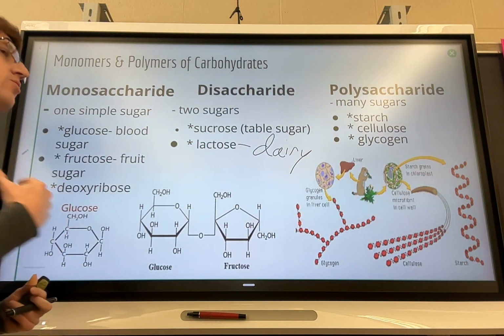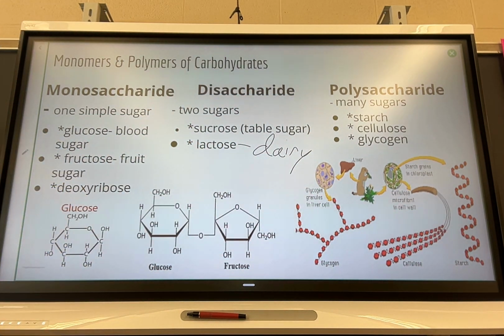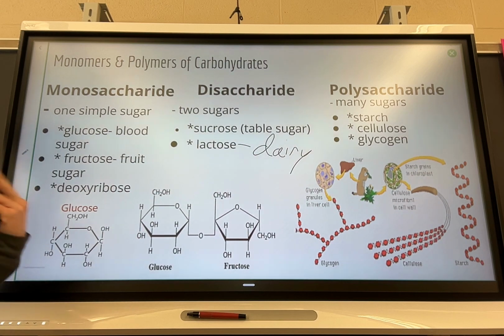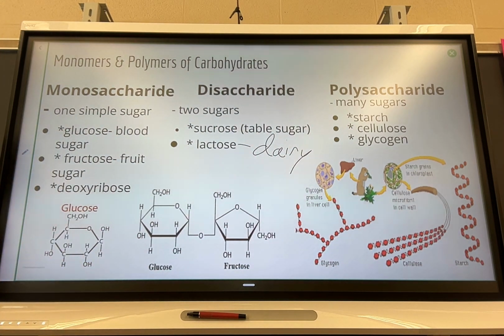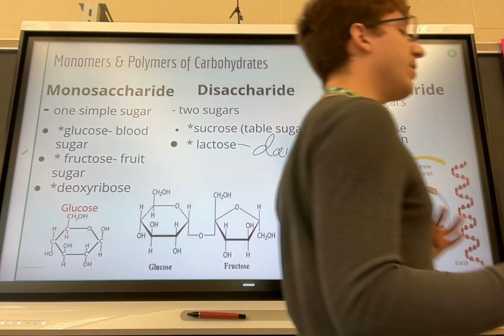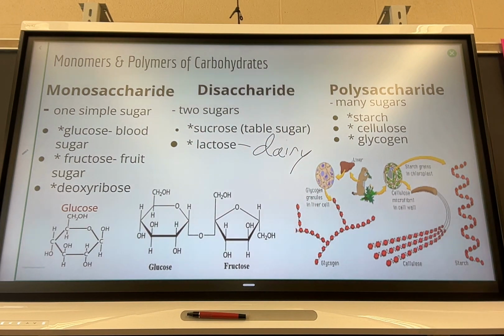So what happens is rather than the enzymes in your body, the chemicals in your body, breaking that down into its monomers, the bacteria gets to it and causes gas to build up. And that gas leads to discomfort and stomach issues. If we combine a whole bunch of these monomers, these monosaccharides, we get a polysaccharide.